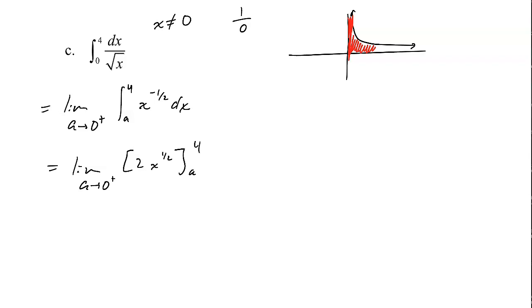I can throw in my 4, I can throw in my a, so limit as a approaches 0 from the right of 2 root 4 minus 2 root a. Right, and then as a is approaching 0, this whole part will be 0, so I will just have 2 times the square root of 4, which is 2 times 2, which is 4. All right, so I didn't have an infinity, but I did have an infinite discontinuity that I needed to work around.